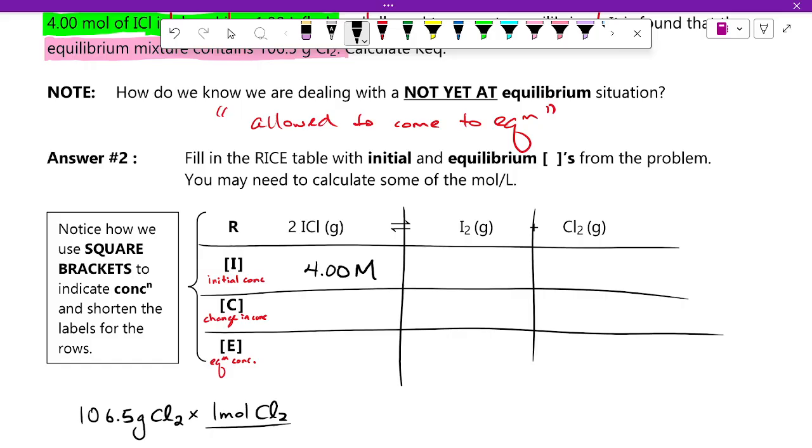Other coefficients, no, you want your concentrations. You want moles per liter of concentration. Okay, it is 1 liter of gas.